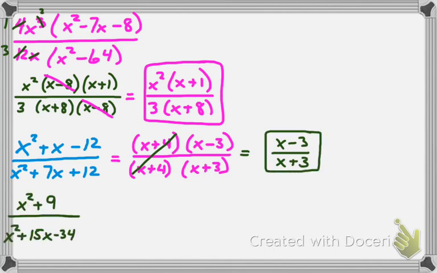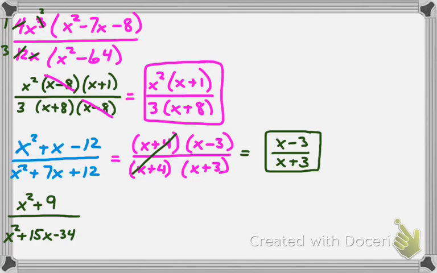Let's do this one together. All right, so on top I see x squared plus 9. That is not the difference of two squares because it is a plus. So you cannot put x plus 3, x minus 3. You cannot put x plus 3, x plus 3 because that's not what it is.